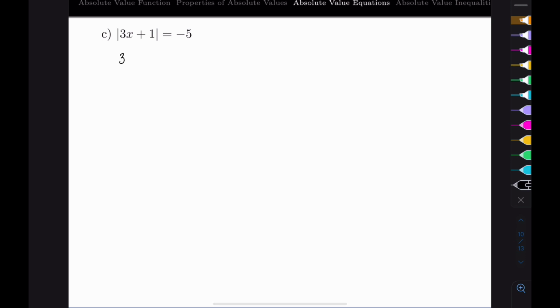So you can go ahead and say, okay, let's drop the absolute values and solve this equation, or we drop the absolute values and change the sign, so we make the other one the opposite sign. I'm going to get solutions for this because I can solve both of these. We go ahead and subtract 1. That gives us 3x is negative 6.